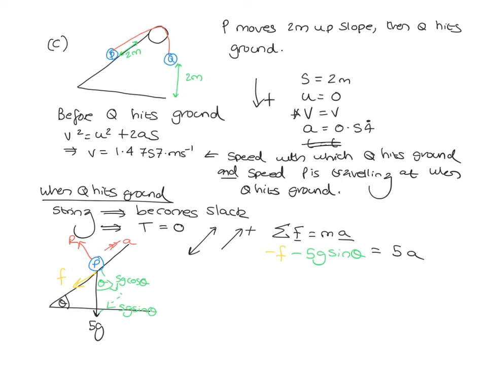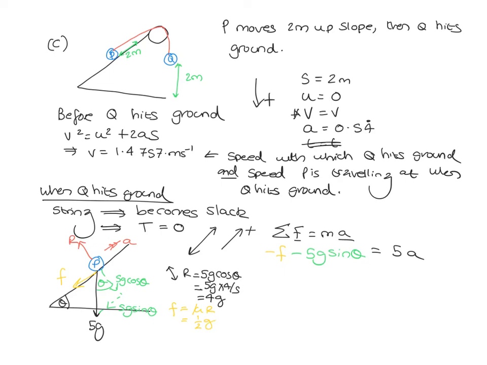Now, if you recall, the reaction force has not changed. It's still equal to 5g cos theta, so it's still equal to 5g times 4/5, or 4g. F is still equal to mu R, so the friction is still equal to half g.